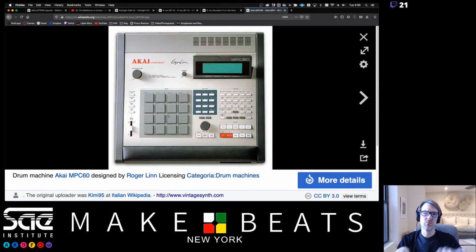These pads made it easier just to bang around on it, and these were pretty reasonably priced. I don't know what the first MPC 60 cost, but the other ones got into like around the $1,000 to $2,000 price range. Now that's still expensive, but again, not $30,000, and it was very playable, and you could just buy more floppy disks to load your samples onto it and stuff like that.